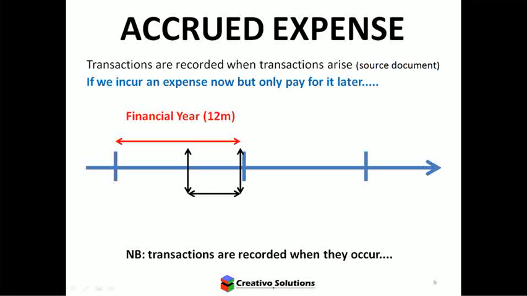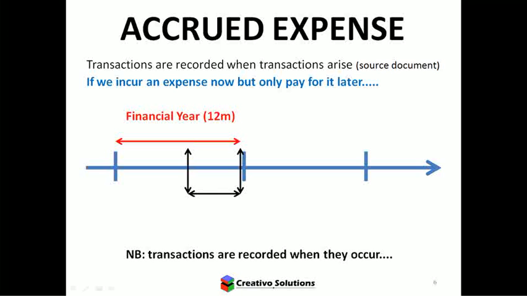So if I have a transaction that relates to the financial year, I need to provide for it. If we incur an expense but only pay for it later, what are we going to do to the financial year? Well, remember, source documents are only received when a transaction occurs. So if a transaction has occurred, we'll only receive that source document later if it's something that we've incurred now but only pay for later.